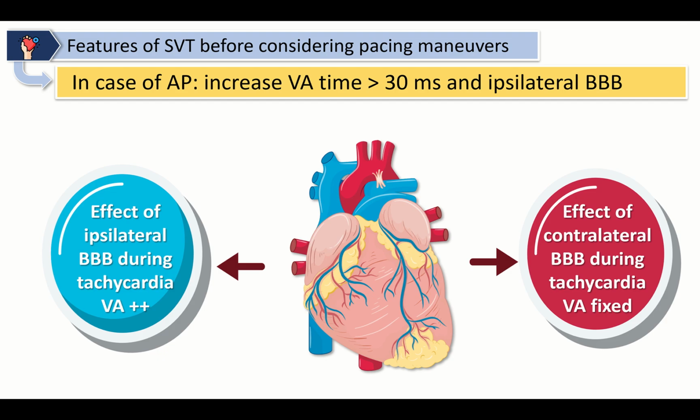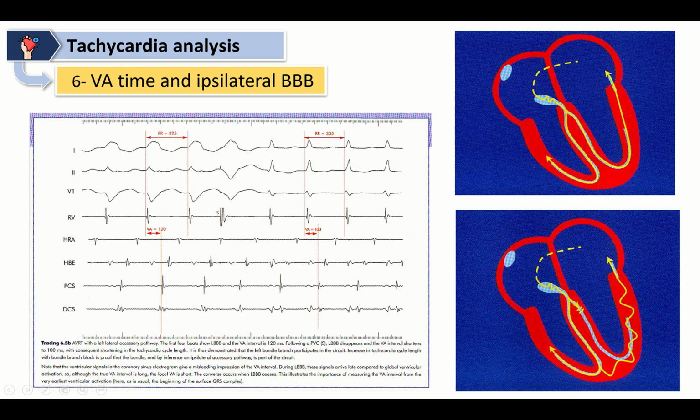Golden rule: in the case of a left accessory pathway, when the patient develops ipsilateral bundle branch block, in this case left-sided, we will find an increase in VA interval of more than 30 milliseconds, confirming the presence of an ipsilateral accessory pathway. However, if he develops contralateral bundle branch block, VA time would be fixed.